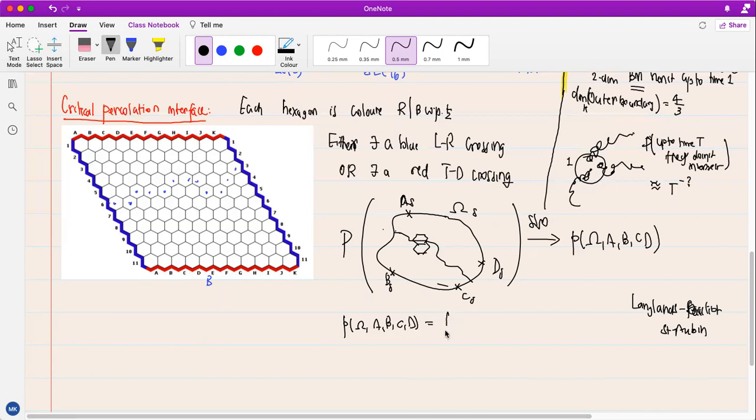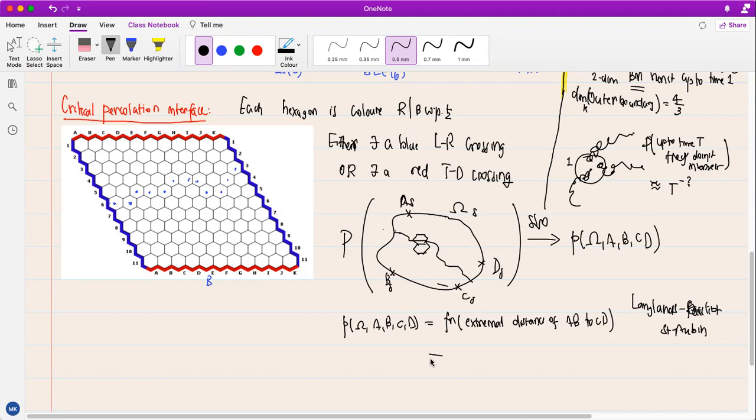There's only one conformally invariant quantity for a region with 4 marked boundary points. Namely, it is what is called the extremal distance of AB to CD. If you don't know what extremal distance is, don't worry. I'll not define it now, but there is one conformally invariant quantity here, and it should be a function of that.